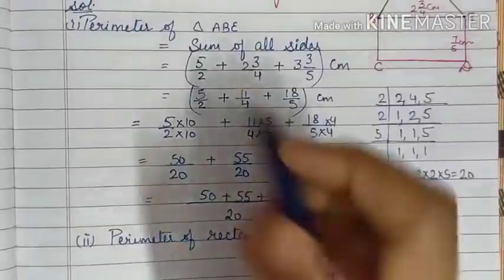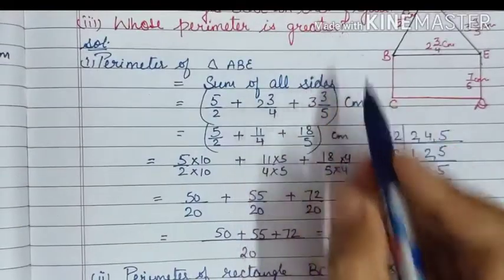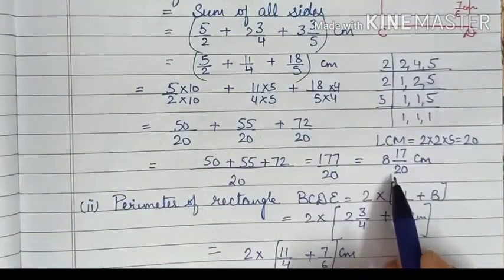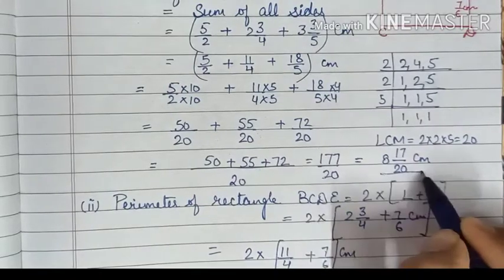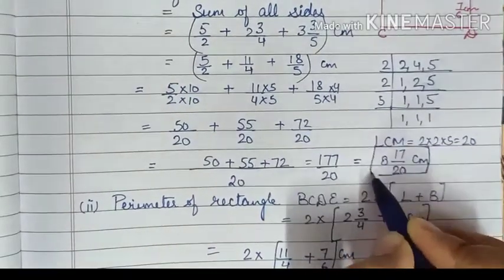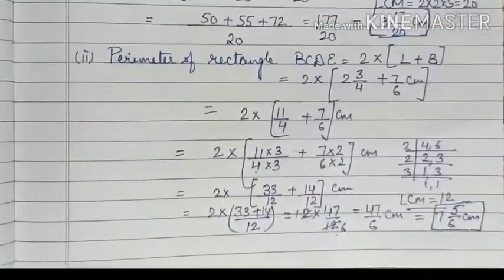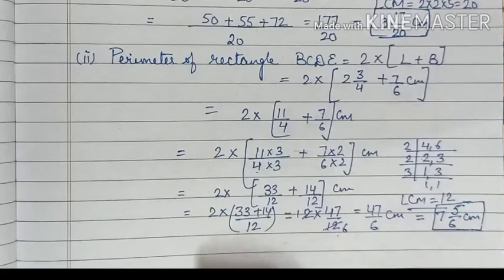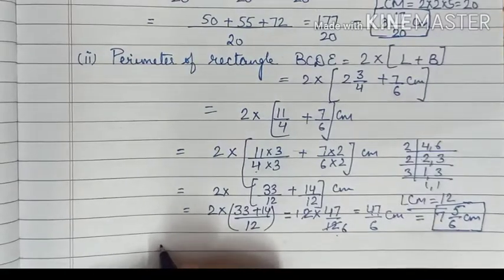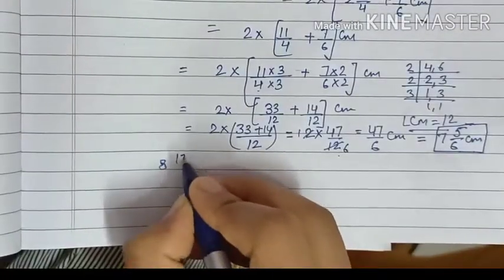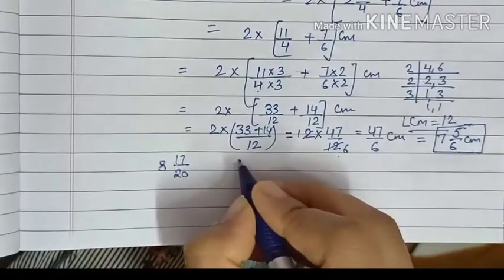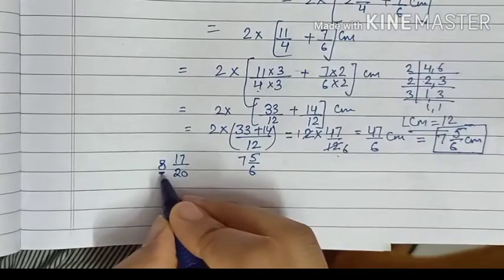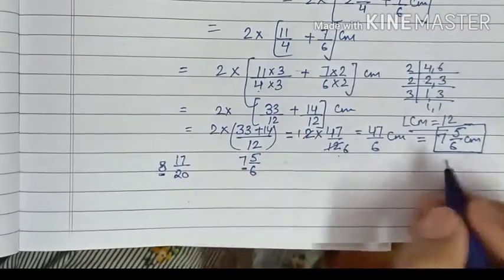Now we are to give the answer, whose perimeter is greater. So here we have got the perimeter of triangle ABE equal to 8 and 17 upon 20, and the rectangle's perimeter is 7 and 5 by 6 centimeter. So we are to find which one is greater, 8 and 17 upon 20 or 7 and 5 by 6 centimeter. Clearly here the whole number is 8 and here the whole number is 7.